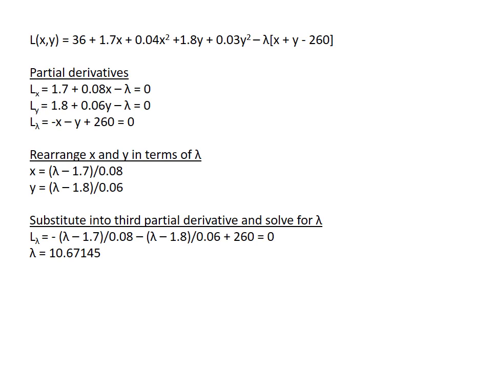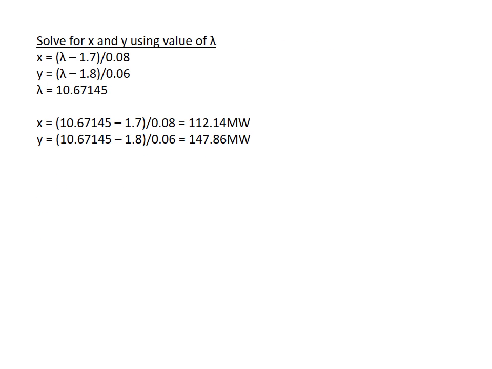which is the third partial derivative with respect to lambda. And when we do that, we can solve for the actual value of lambda. And of course, if we get the value of lambda, then we can plug that back into the partial derivatives with respect to x and y in order to find those values. And that's just what this illustrates. We're solving for x and y using the value of lambda. That allows us to find the value of lambda.